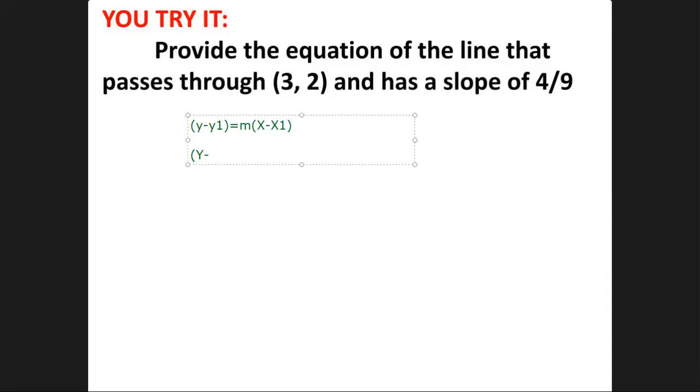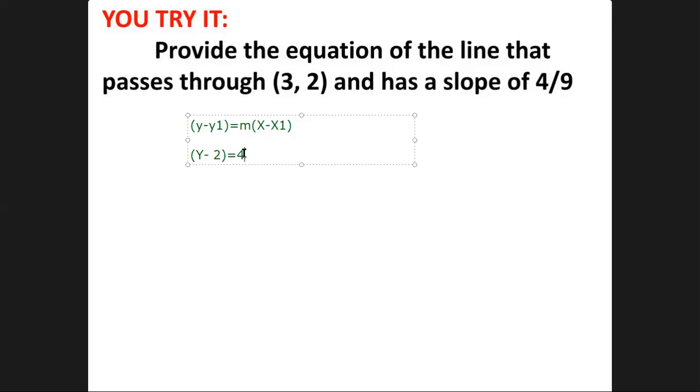According to this equation, could you please tell me how we are going to write it? It will be y minus 2 equals m times (x minus 3). What is the value of m, Muhammad? What does m stand for? I don't remember, Miss.